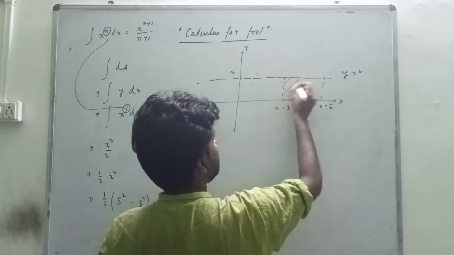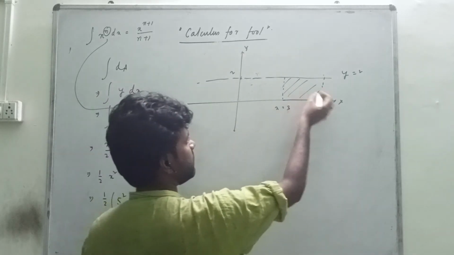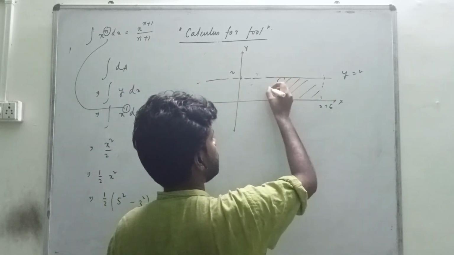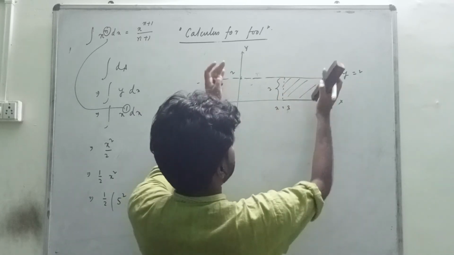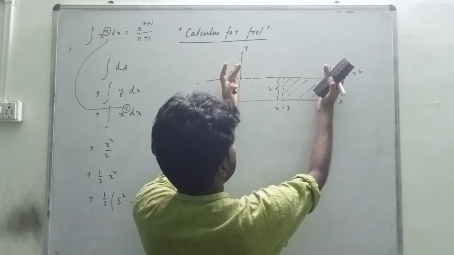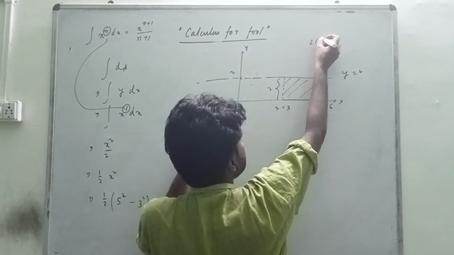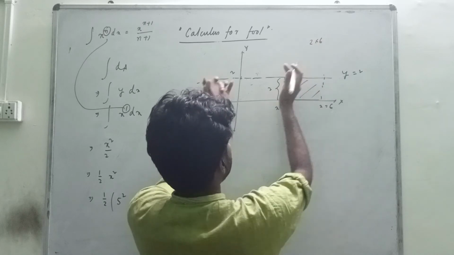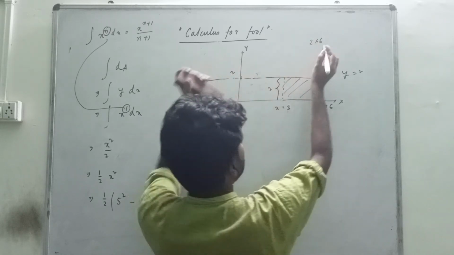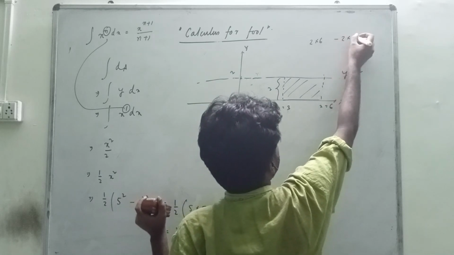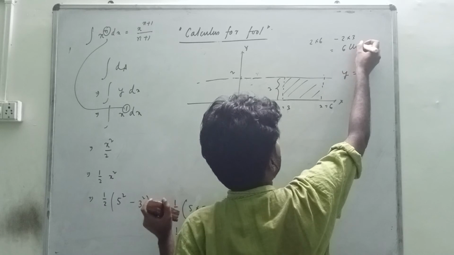Okay, so the answer will be 6 actually, because it's a 2, it's a 3. Or if you calculate it with a very big triangle, the area of this big triangle is 2 into 6, and from it if you subtract this small triangle, 2 into 3, you will get 6 units.